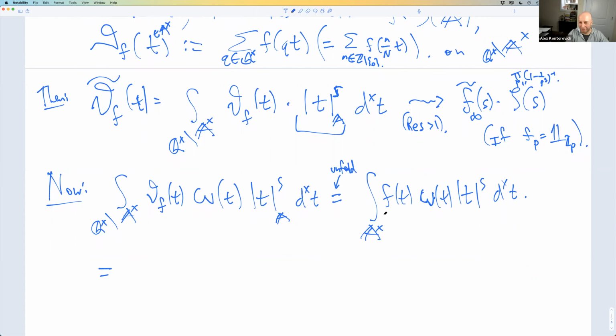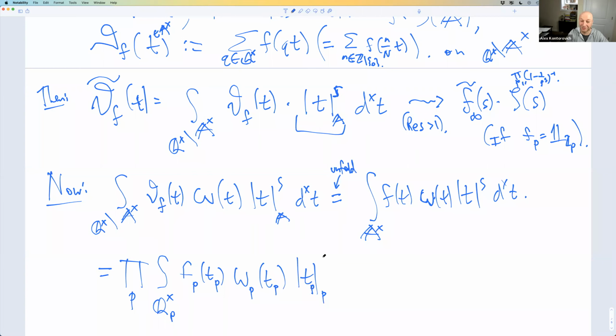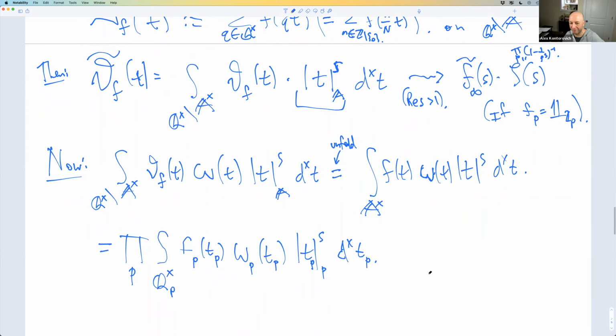Now this factors, f is multiplicative, or a finite linear combination of multiplicative things. So let's take it to factor. It's a product over p's, an integral over Q_p cross of the local f at the local p, the local character at the local t, the local valuation of the local t to the complex number s, and then the local multiplicative Haar measure.